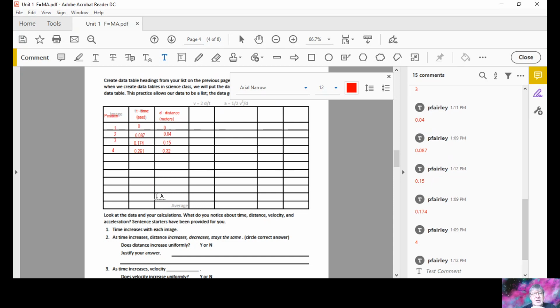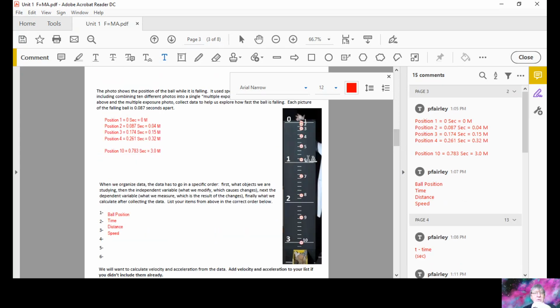You're going to fill this all the way in, right? All the way down to position number 10. Do that for yourself. This is easy. Just number 5, 6, 7, 8, 9, 10. This one, whatever number you have, add 0.087 to it again. This one you have to measure for yourself off of this picture, which hopefully you already did back on this question.